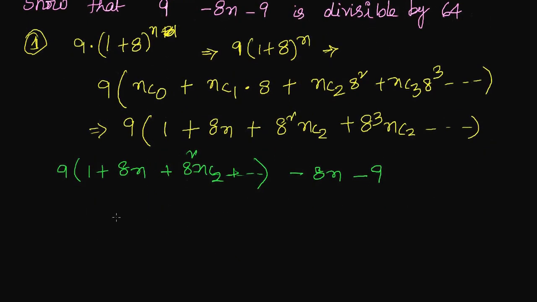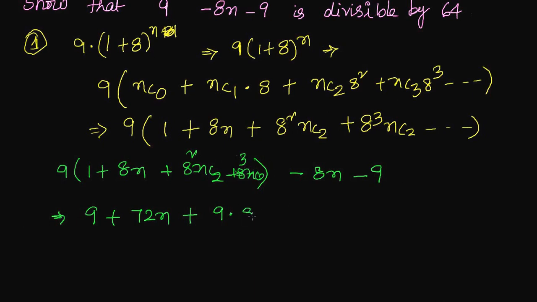This again I can simplify as 9 plus 72n plus 9 into, you can check here, after this you have 8 cube nC3, that means it's more than 8 square, it's increasing.